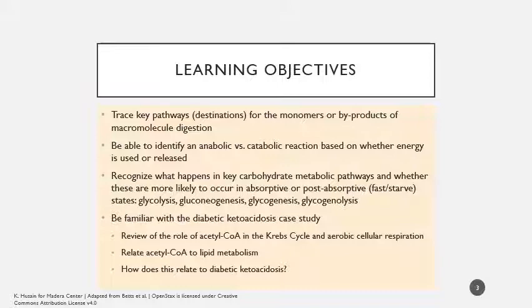So we'll relate acetyl-CoA specifically to lipid metabolism and think about the physiology of this, specifically disease pathology. When you have a diabetic individual whose homeostasis is thrown off, how does that play out?